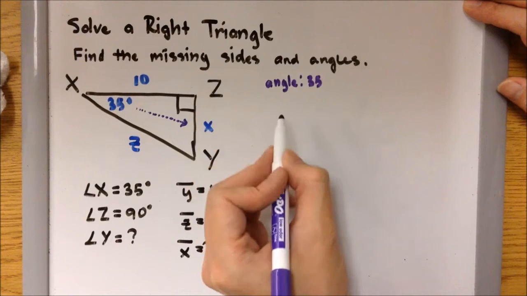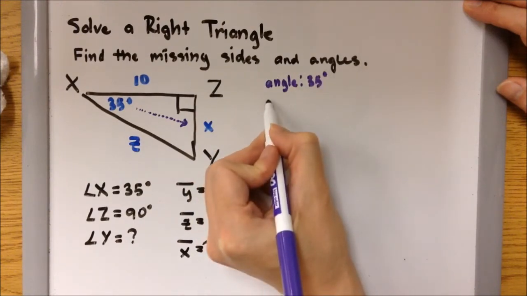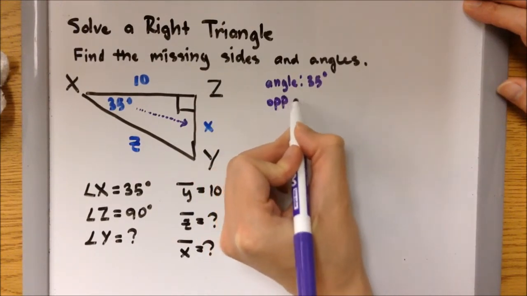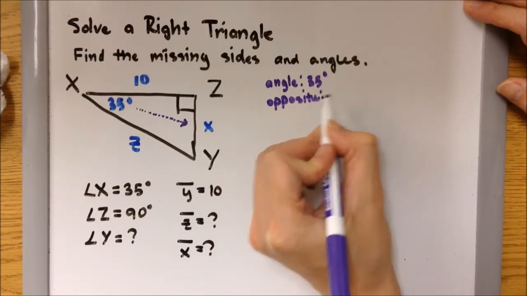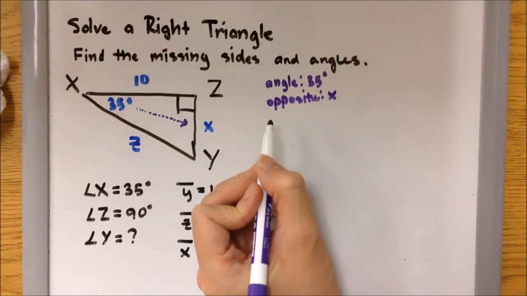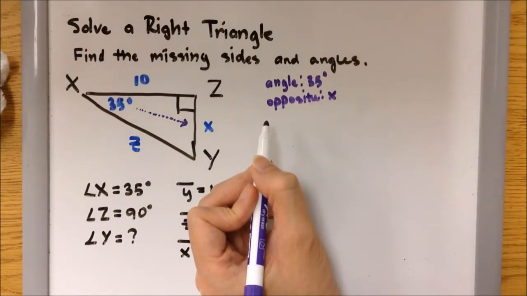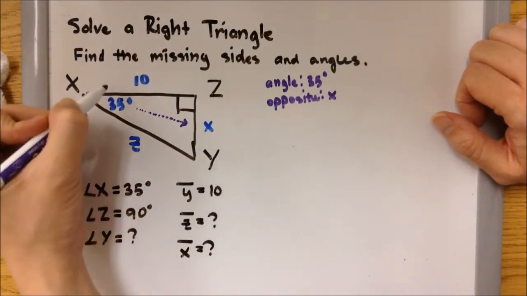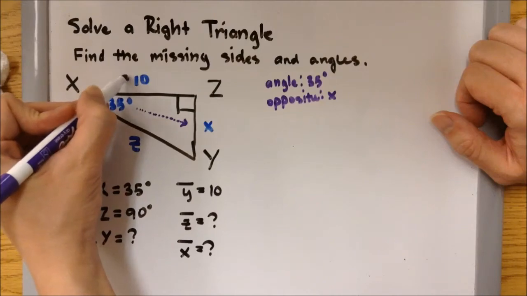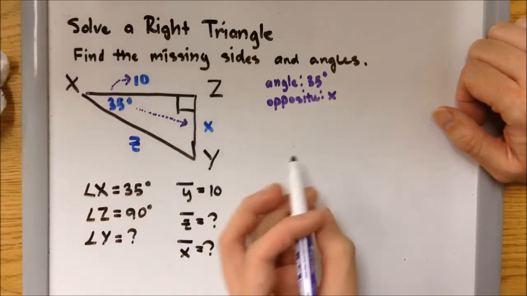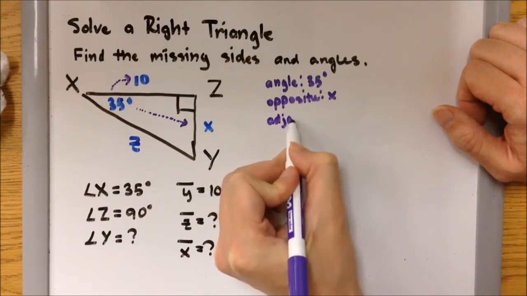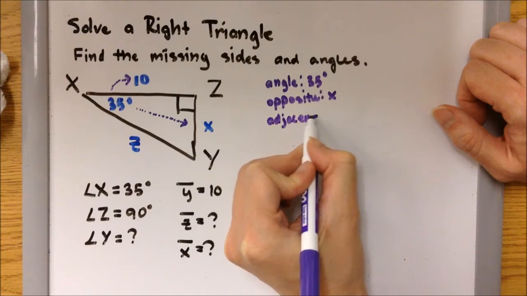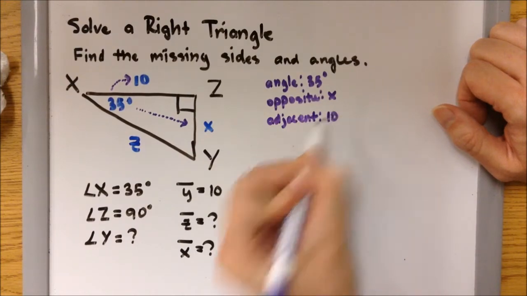So angle 35 degrees, opposite is X, which we don't know, and then the one that's next to the angle is the 10, so it's going to be adjacent. So adjacent will be 10.